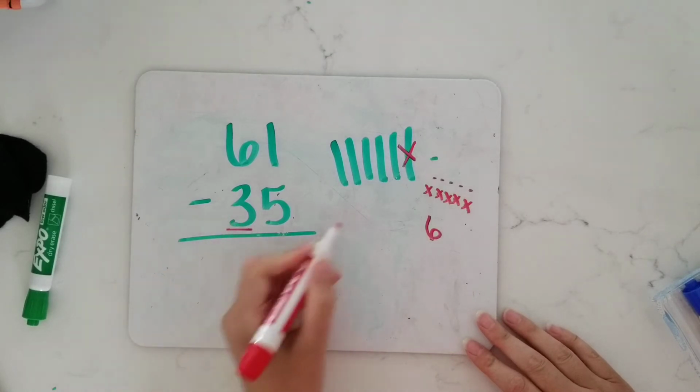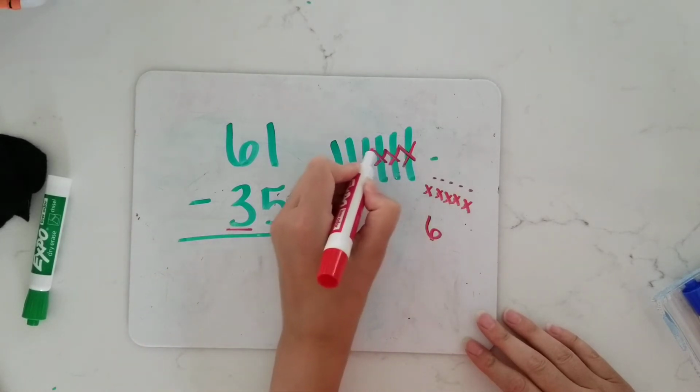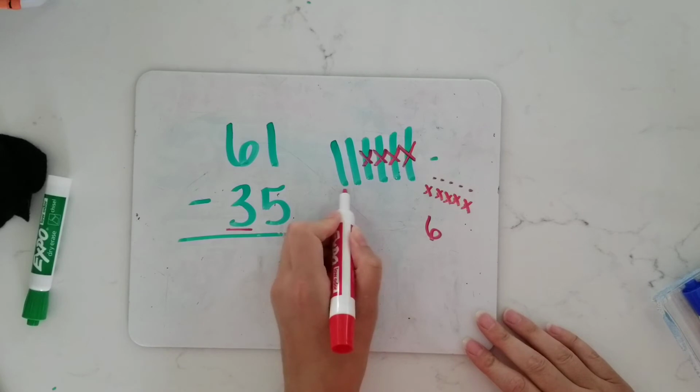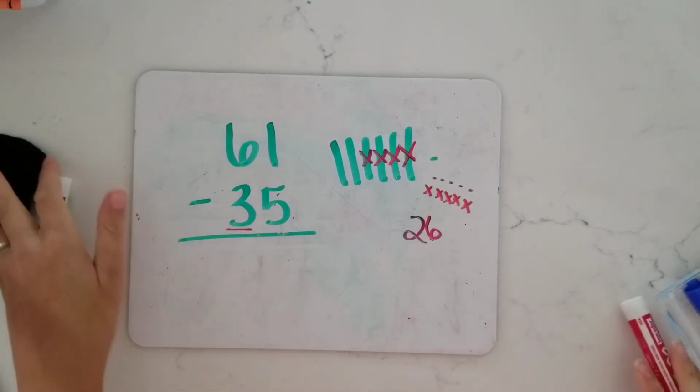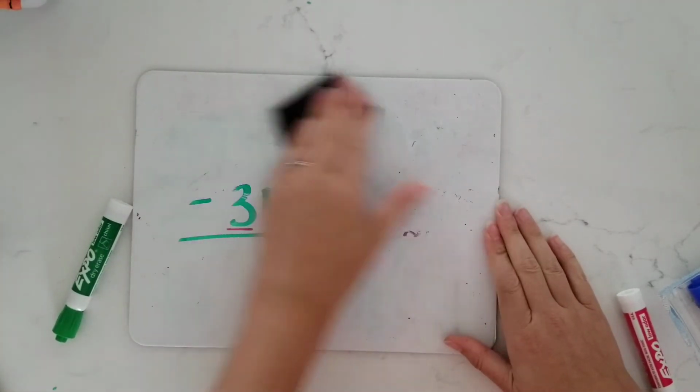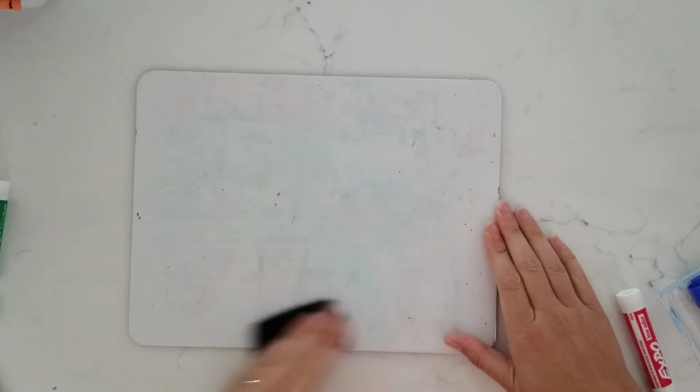And then I can take 3 away easily because I have that many 10s. And I'm left with 2 10s, so my answer is 26. Hopefully that's making sense. Let's try a couple more so that you can see it really clearly.